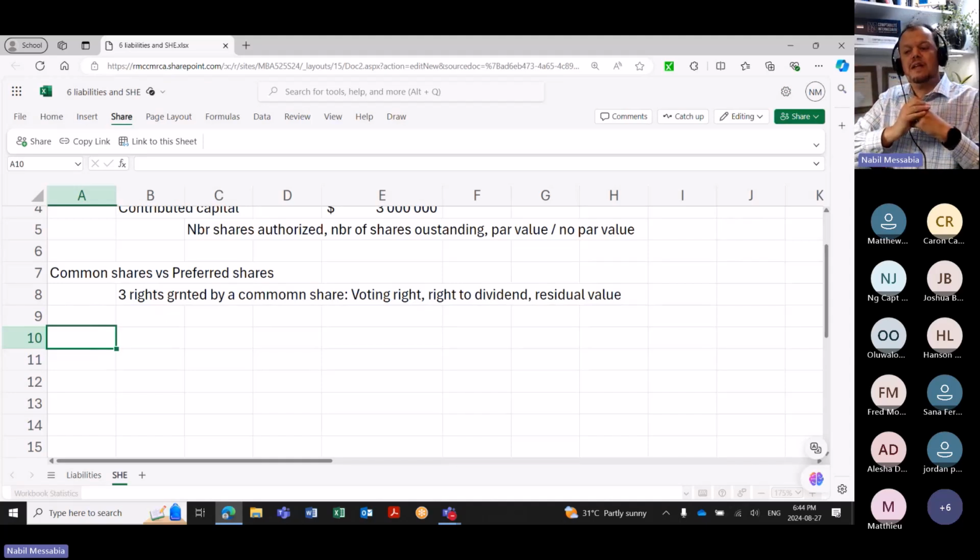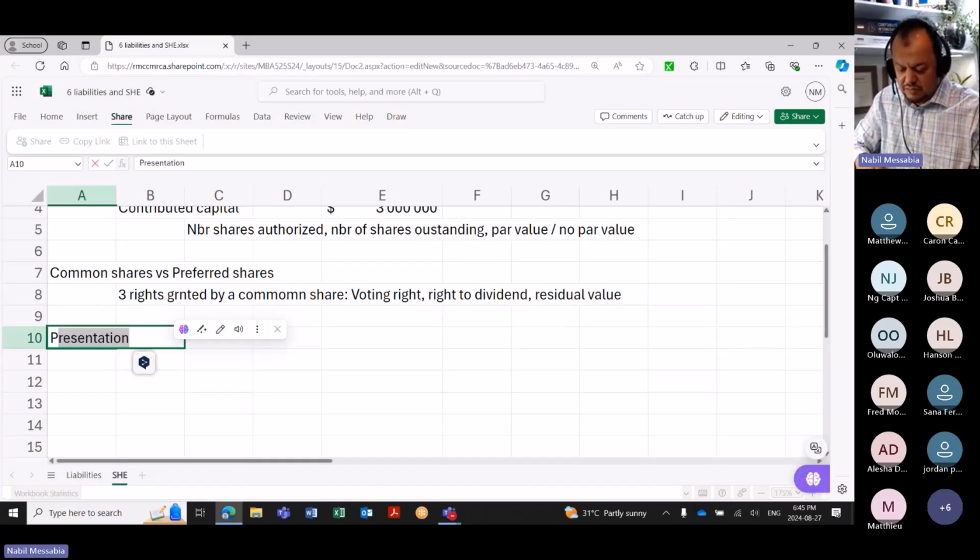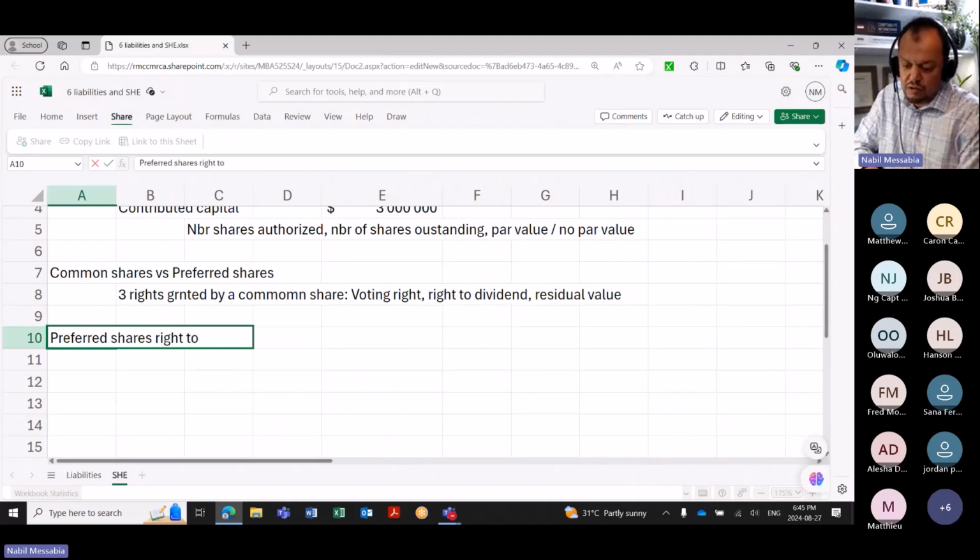So that's why a company has the option to issue preferred shares, where they take off the voting right, and in compensation they give you more priority in dividend, which we call preferred dividend.